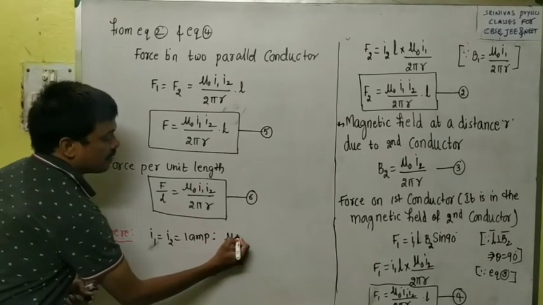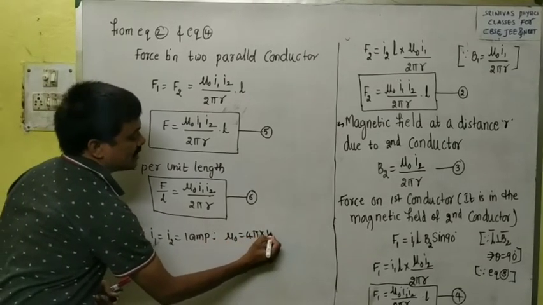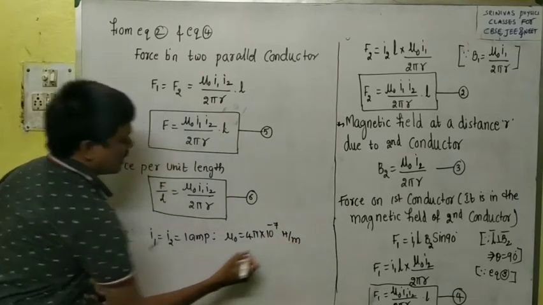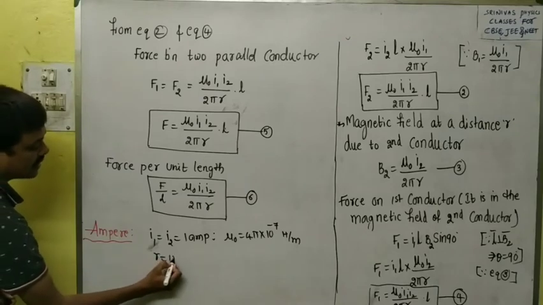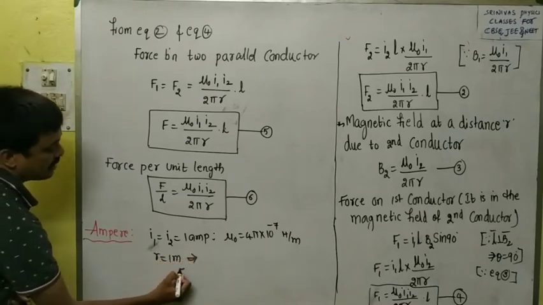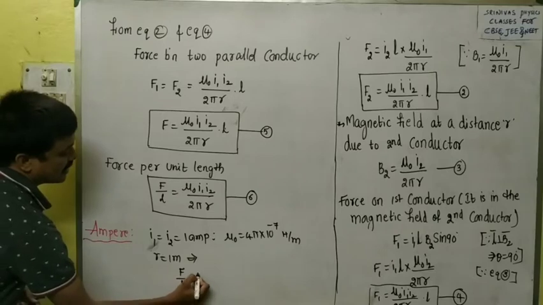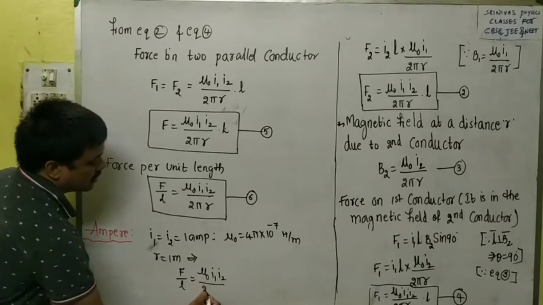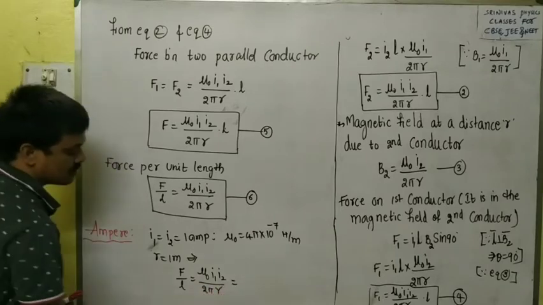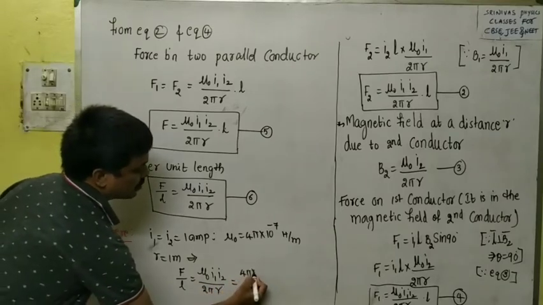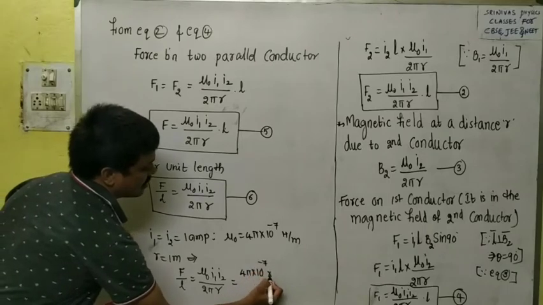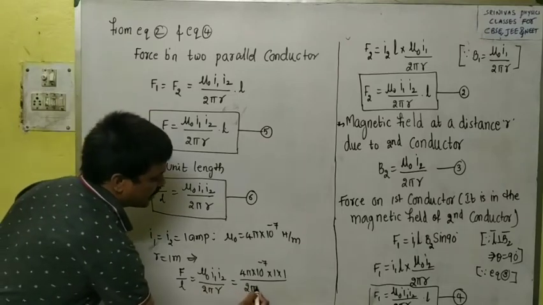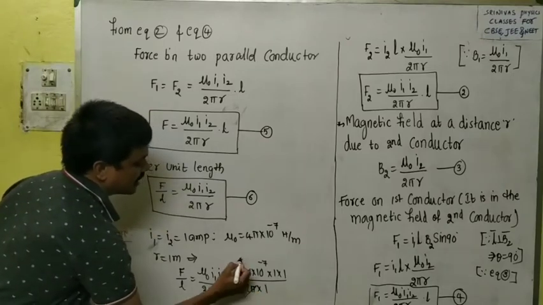Mu naught value we know is 4 pi into 10 to the power of minus 7 Henry per meter, and R value I will take as 1 meter. Then substitute all these and find F by L, which is mu naught I1 I2 by 2 pi R. Substituting all values: 4 pi into 10 to the power of minus 7, I1 is 1, I2 is 1, and 2 pi into R with R as 1.